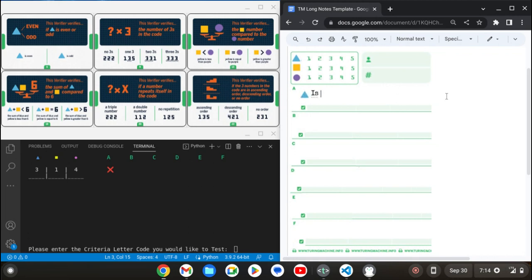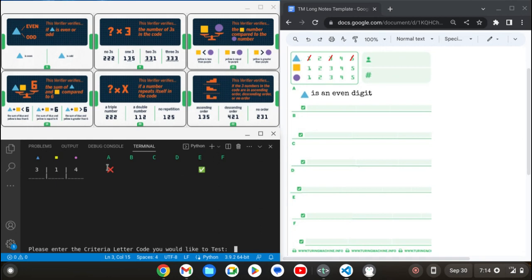Triangle is an even digit. And since it is even, we can go ahead and cross out all of the odds in triangle. So crossing out 1, 3, and 5.